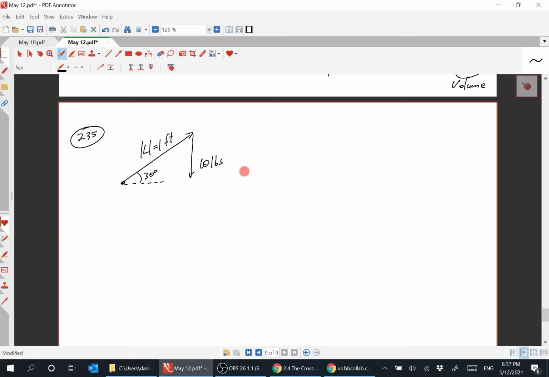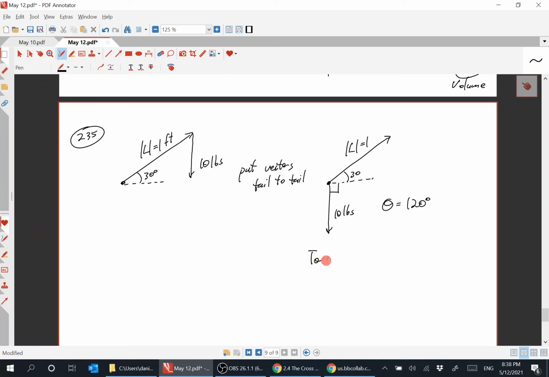So again, you've got this lever of magnitude 1 foot, and now you've got 10 pounds going straight down. This angle here was 30, and this angle here, of course, is 90. So the angle theta between them is 90 plus 30, which is 120 degrees.